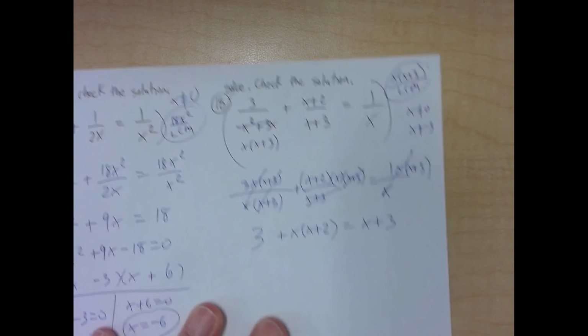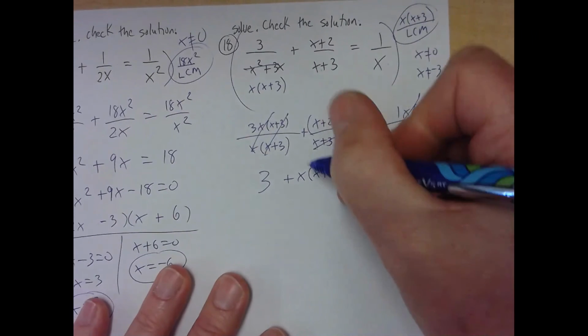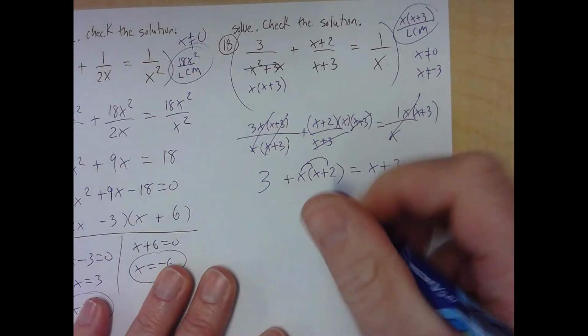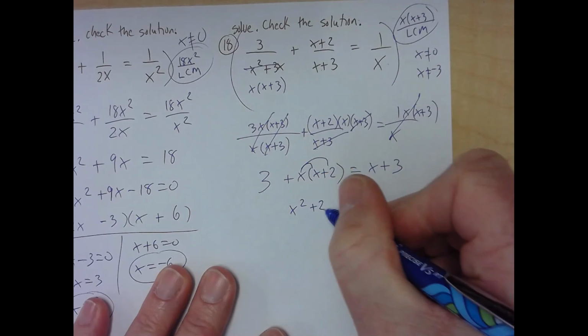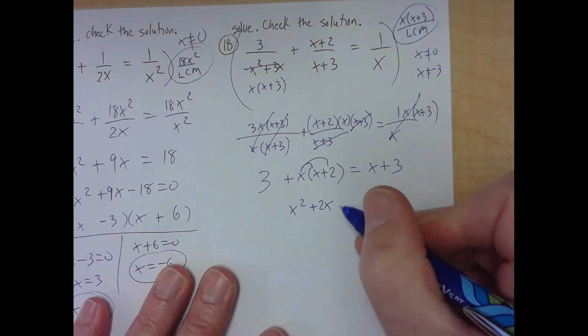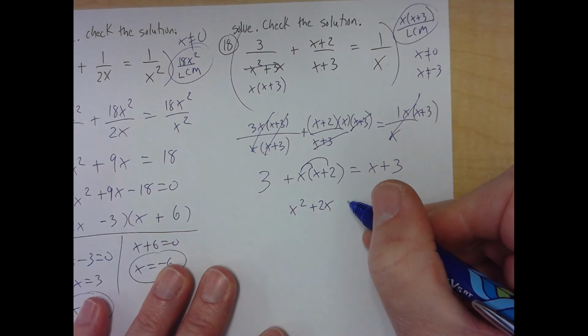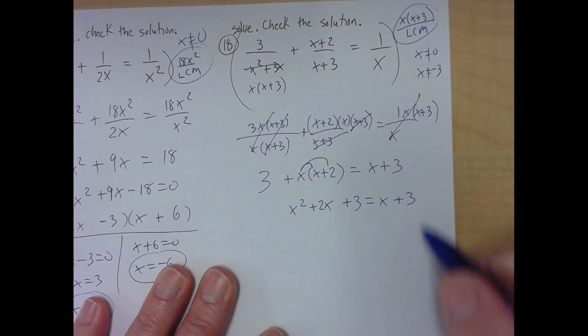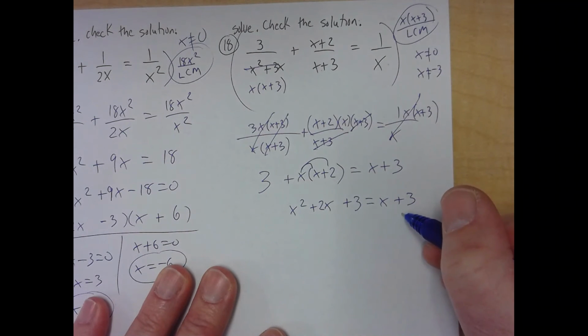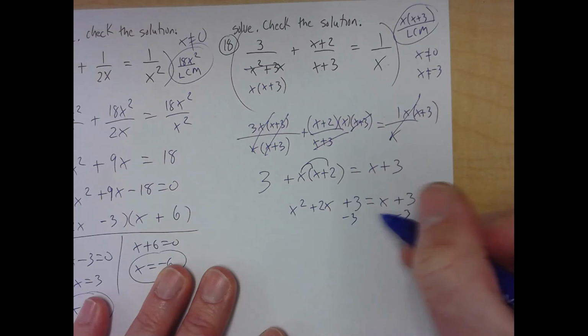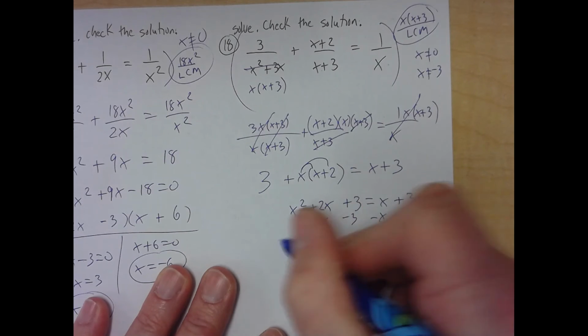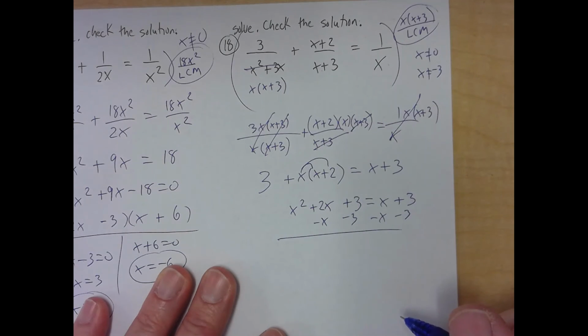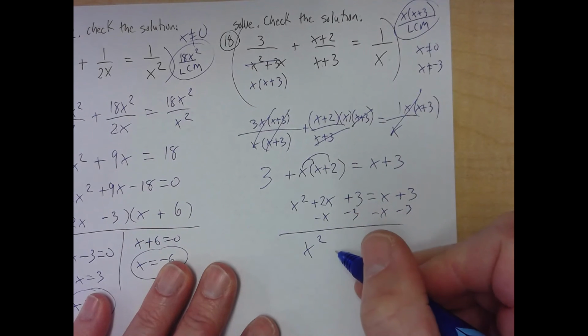Okay, this is going to be a quadratic in a second. So it's x squared plus 2x, and then plus 3 is equal to x plus 3. So I'm going to subtract 3 from each side and subtract x from each side, because when you solve quadratics, you got to set them equal to 0. So it's x squared plus x.